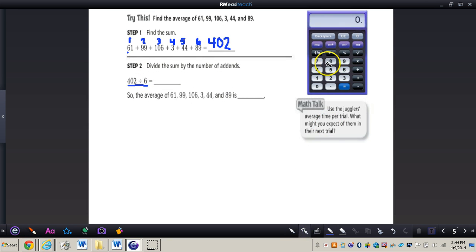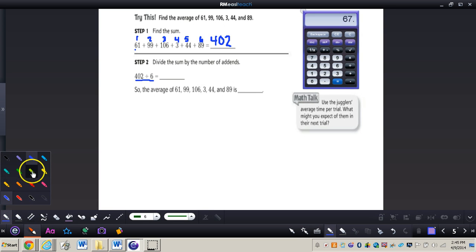We'll clear out the calculator. 402 divided by 6 gives us 67. I'm going to write 67 right here. So we know that the average of 61, 99, 106, 3, 44, and 89 is, I shouldn't say a total, the average is 67.